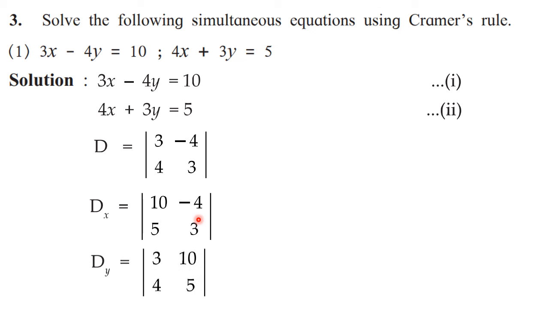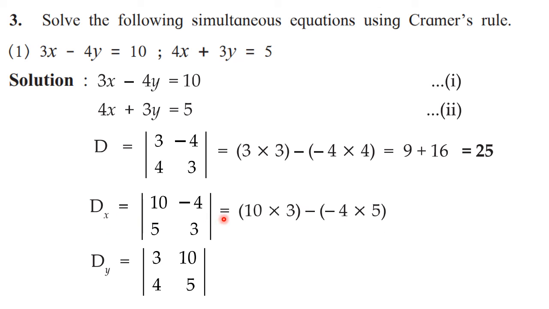Then for writing dy, these constants we write in the second column, and the first column you copy from D as it is. In this way you can easily write down D, dx and dy without making mistakes. Then you will find the value of D: 3 into 3 minus 4 into 4. 3 into 3 is 9, and here minus into minus is plus. So 9 plus 16, the answer is 25.